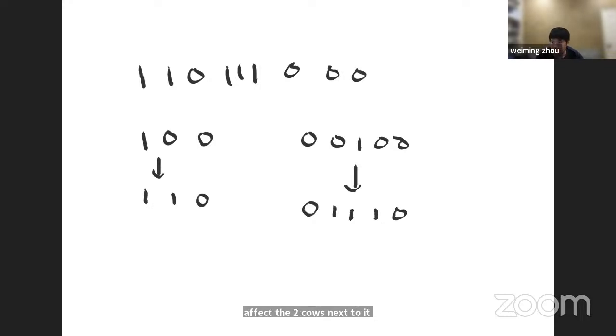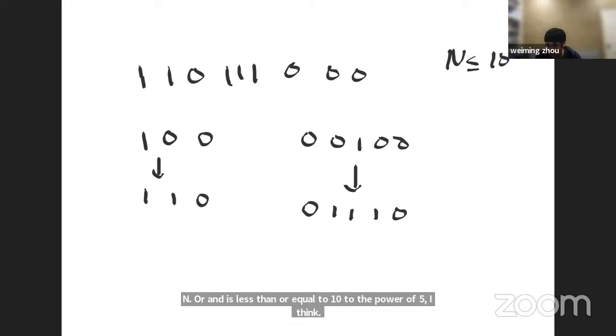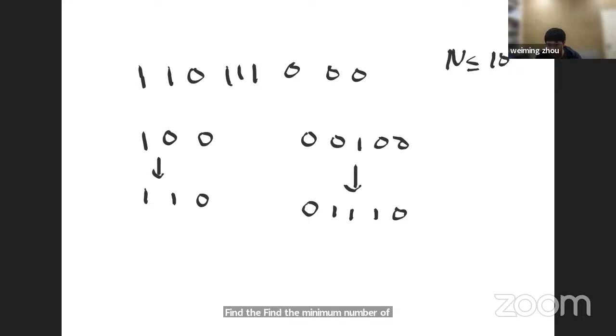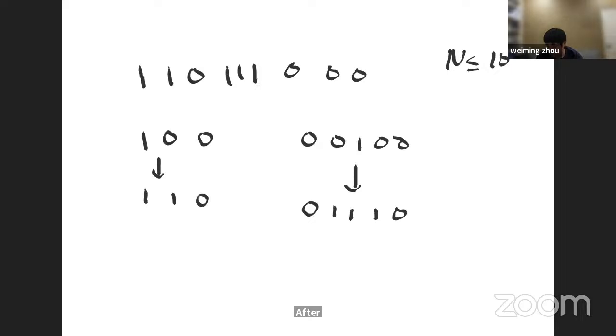And the question is, given the initial string of length n, where n is less than or equal to 10 to the power of 5, I think, find the minimum number of cows that could have been sick initially to arrive at this binary string of sick and unsick cows after some number of days.